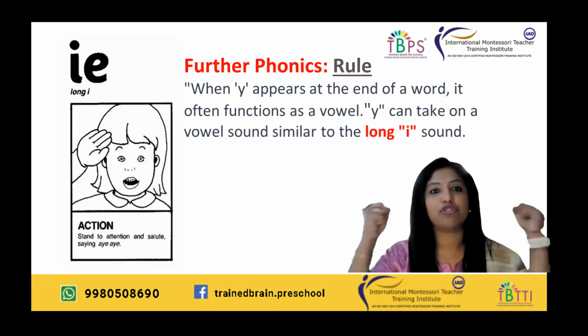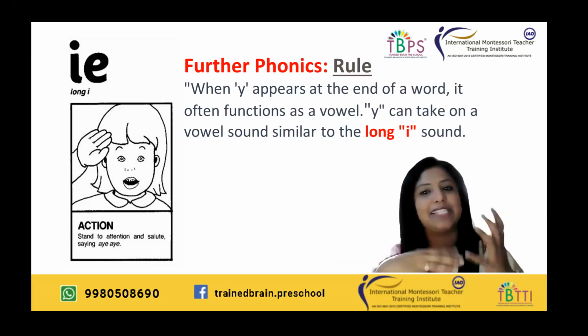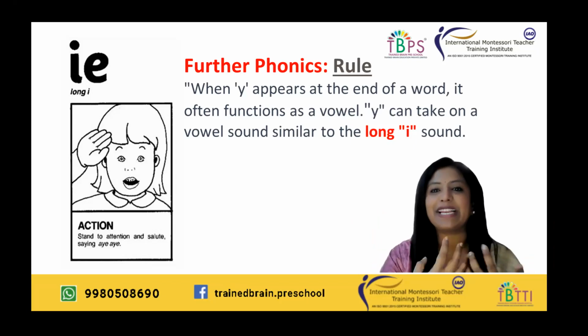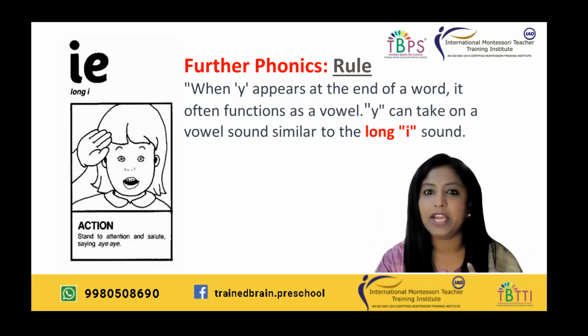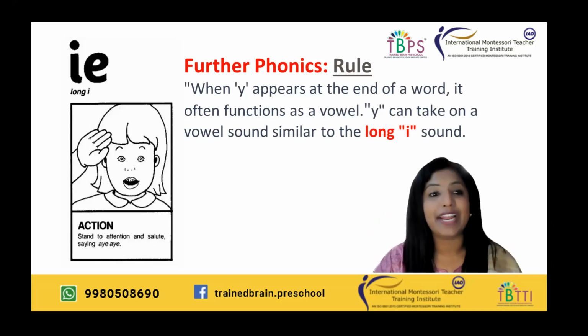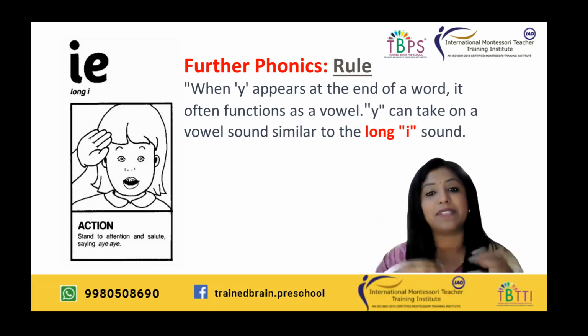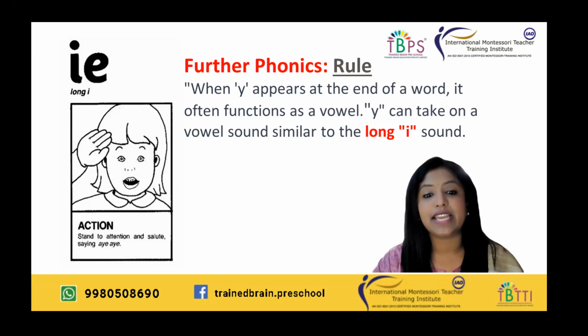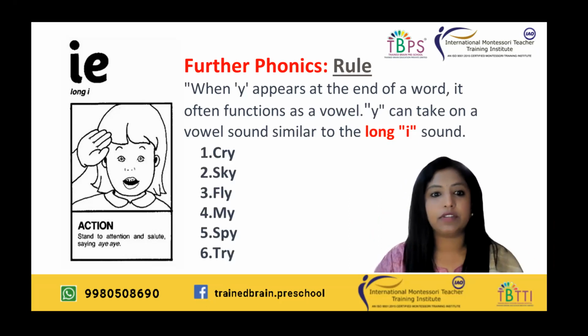So that's the reason the strong Y comes and takes its place. So you can make it a little more dramatic. So when the I sound is heard at the end of the word, I is too shy to take up its place. So that's the reason the strong Y comes and takes its place. And you can say that becomes your long I sound also. Further, you can have more words: spy, try, my, fly, sky. Use all these words. Okay.